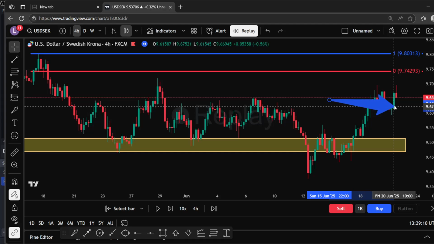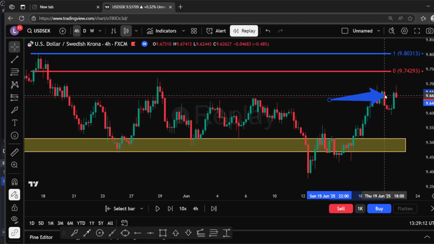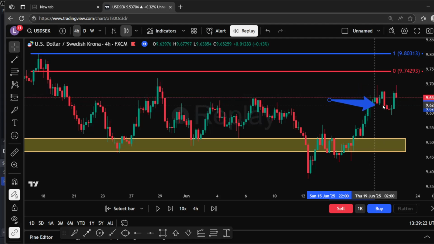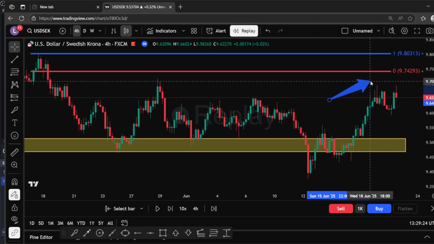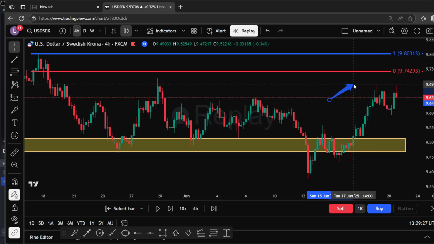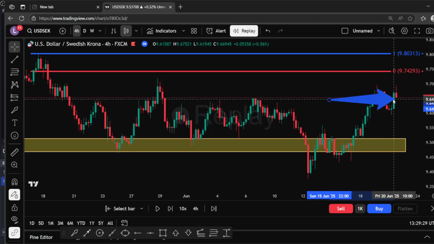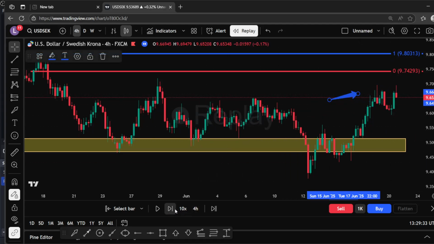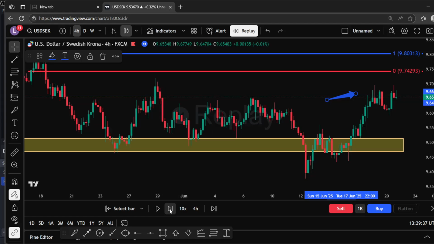Then we broke bullish and had another pin bar candle. If your short is above this pin bar candle, you're still in the trade. And what is this? This is a double top. Another bearish candle, or another close below this bearish candle here, will give you confirmation to go short.